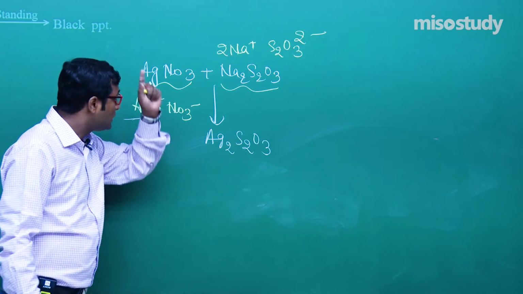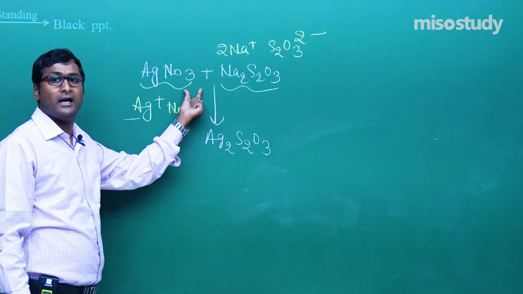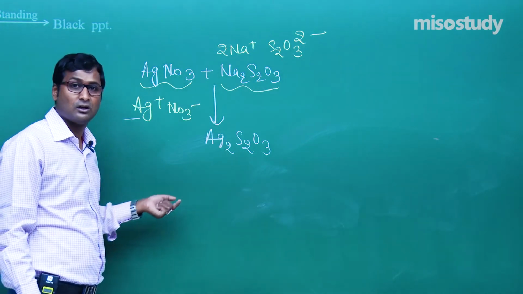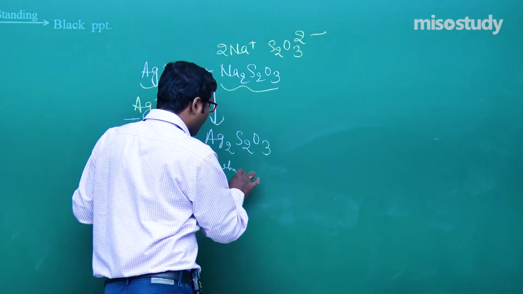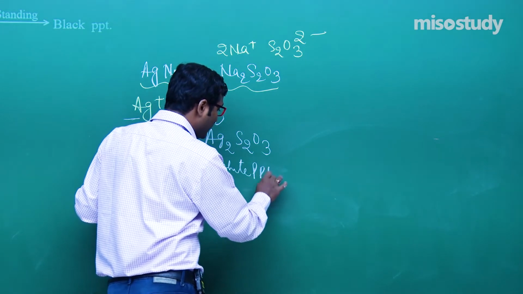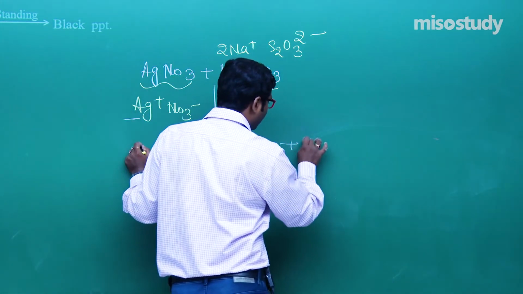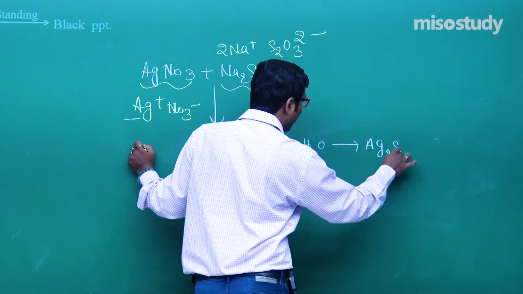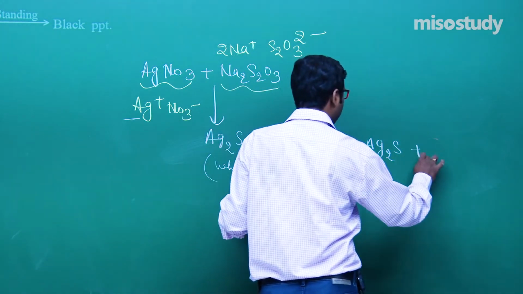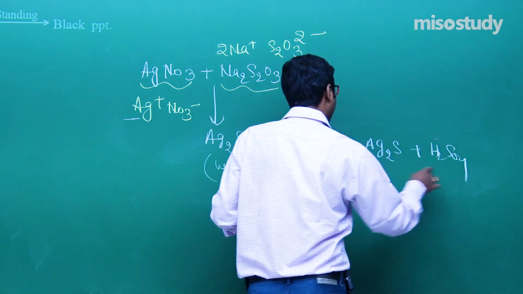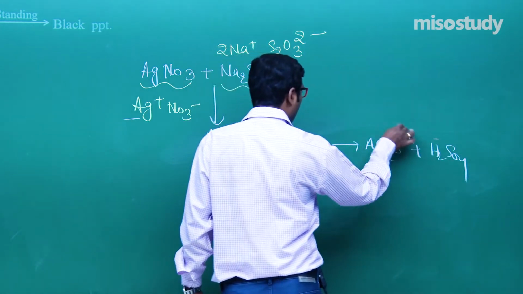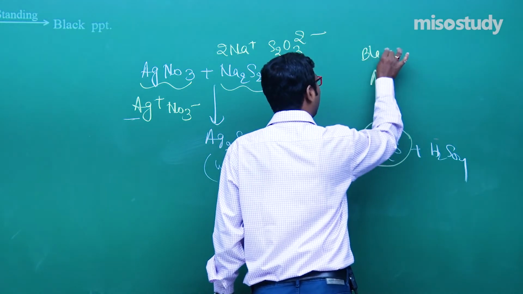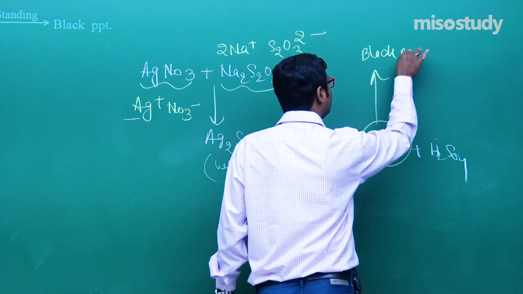Remember, I have discussed this question in salt analysis also, in my previous PPT solution. This is a white PPT, and on standing it completely gives you Ag2S and H2SO4, and we all know this Ag2S is a black PPT.